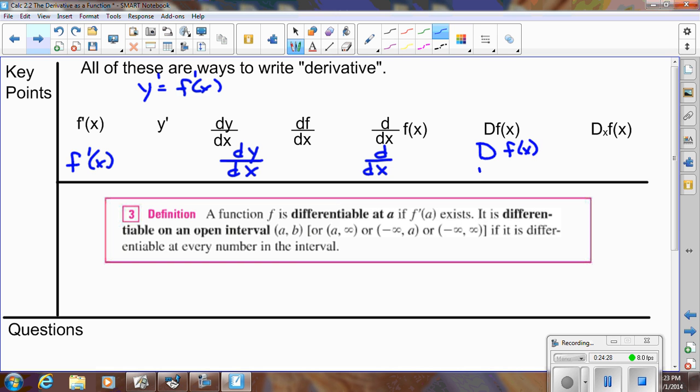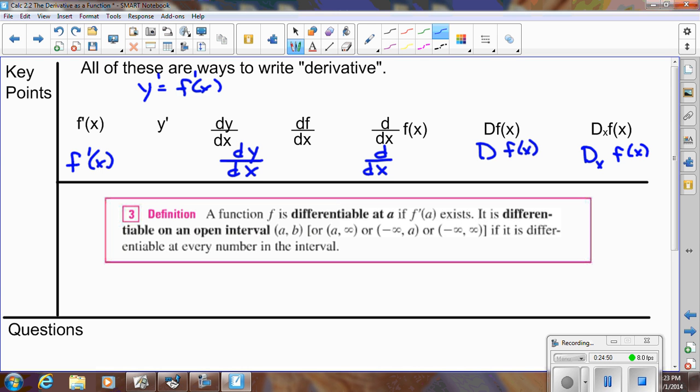Please note this is not the same thing as a subscript f of x. If we use the subscript, we would refer to the domain. Capital D next to a regular f is derivative. And it does get used this way for dx. That's the derivative with respect to x of the function f of x.